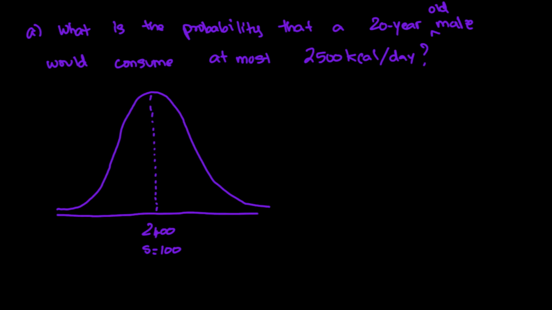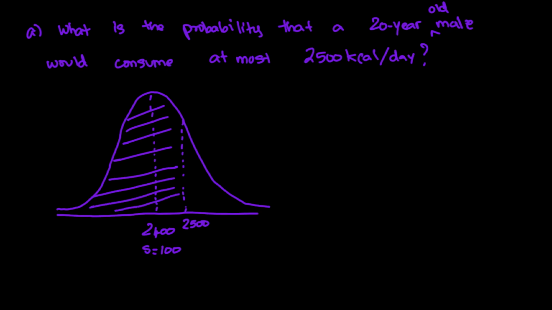So if 2400 is over here and you take one step to the right, I get to 2500. So what percent lies below 2500? How likely is it that we observe a person who would consume at most 2500 kilocalories per day?